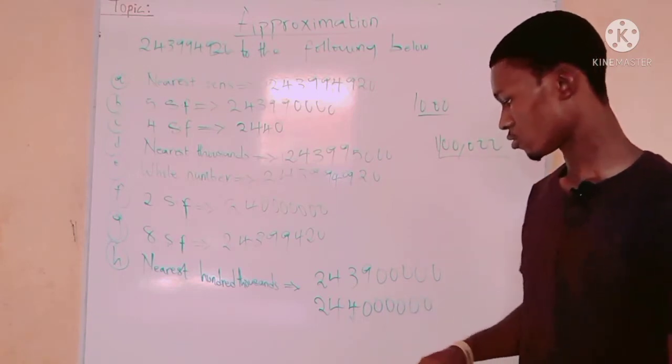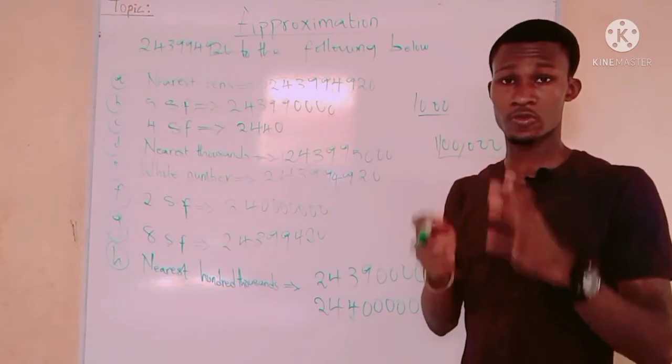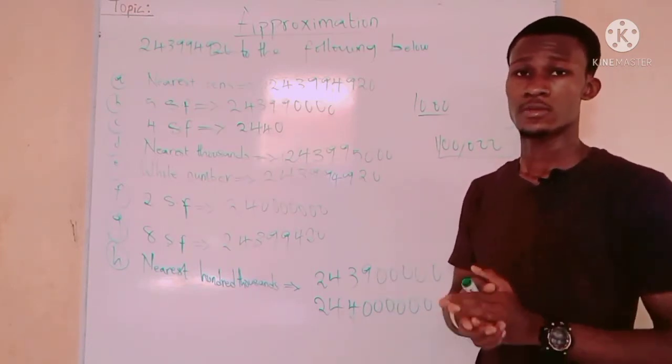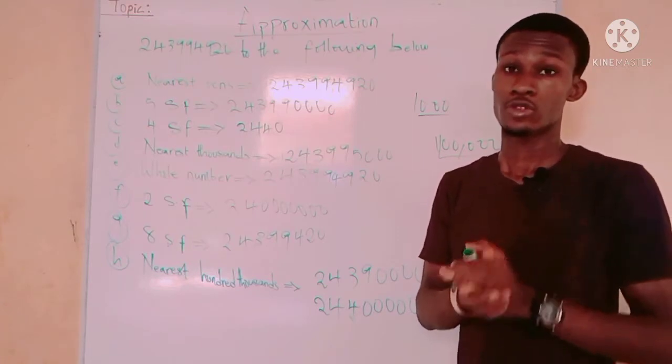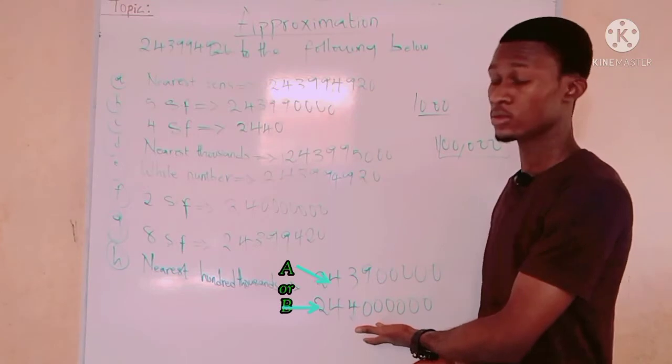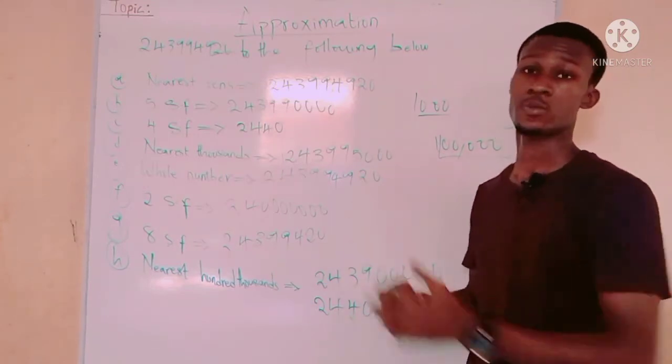For many of you who must have solved this, what do you think the answer should be? While I'm still waiting, I'll just go ahead and give you the answer. The answer is supposed to be B, and here's my reason.